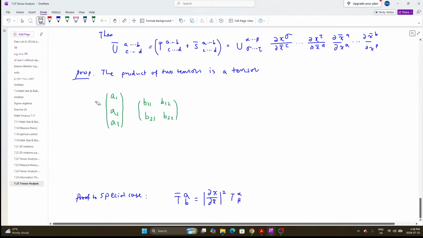Actually, this is perhaps a bad idea. I should use upper indices here. Column vectors now use upper indices. Of course, this matrix multiplication would make no sense here, so we use a different symbol, this dreaded old time symbol.